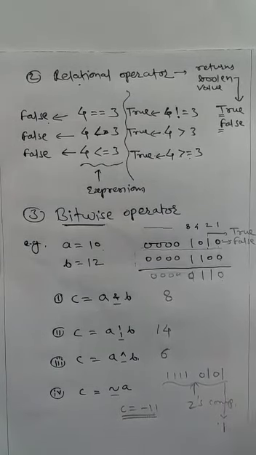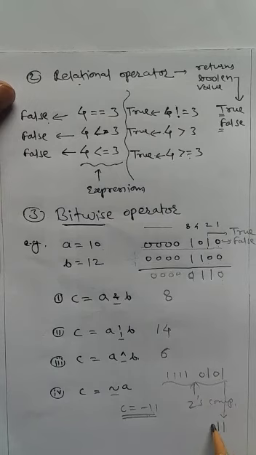So take this 1 as it is and complement the rest. So 0 will become 1, 1 will become 0, 1 will become 0, 0 will become 1, and then 1 will become 0. So what is this value? 8 plus 2 plus 1, so you are getting 11, and as we have taken the complement, it's minus 11, so it will display the value minus 11.